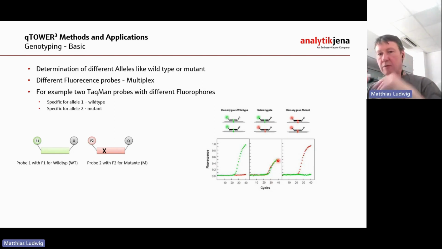It could also be a little bit different, depending on the fluorophore. But you definitely get two different signals for both alleles, because it's heterozygous, or you get only one of these two signals, for fluorophore 1 or fluorophore 2. And then you know, okay, this is homozygous.